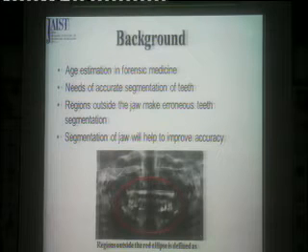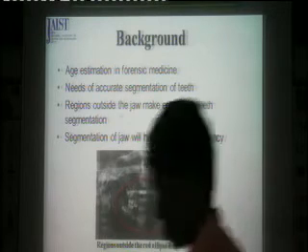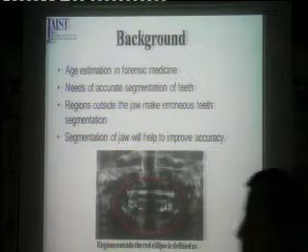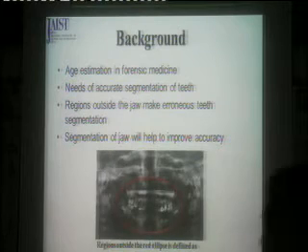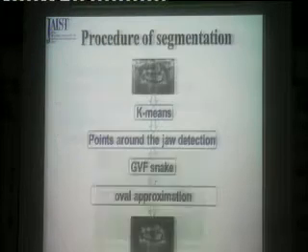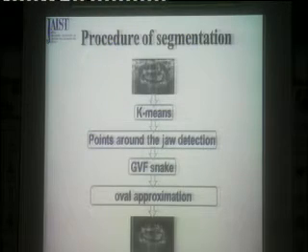Therefore, to improve the accuracy of detecting teeth, what we would like to do is to detect this oval area including teeth. So what we do is to apply K-means clustering and detect points around the jaw, and after that we will apply gradient vector flow snakes to finalize the position of the area including teeth.